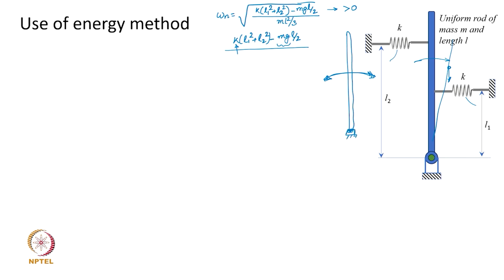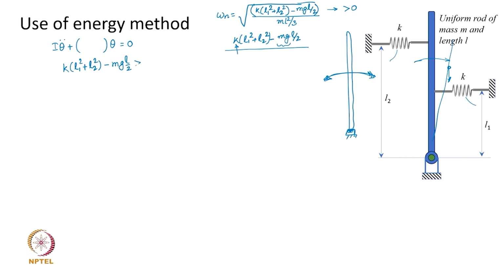Let us look at what happens if the equation that we discussed, I theta double dot plus this entire bracketed term times theta equal to 0, where this bracketed term was basically the numerator here. Now we take the case where k (L1 square plus L2 square) minus mgL over 2 is actually equal to 0, that is the threshold point.